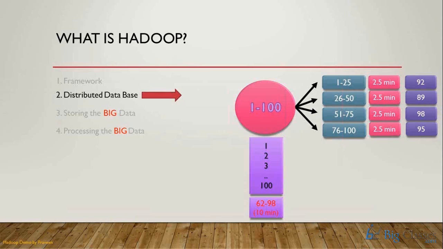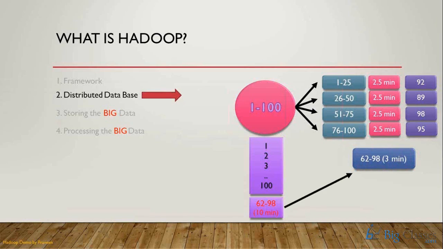Same way, 76 to 100, 95 is the maximum. So we have 4 different maximums. Again, out of these 4, you need to find the ultimate maximum, that is 98 only. The same 62nd person having 98 marks. There is no change in that output.